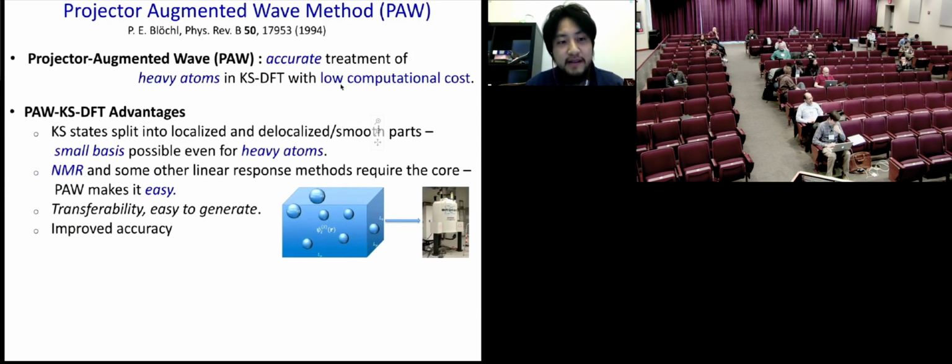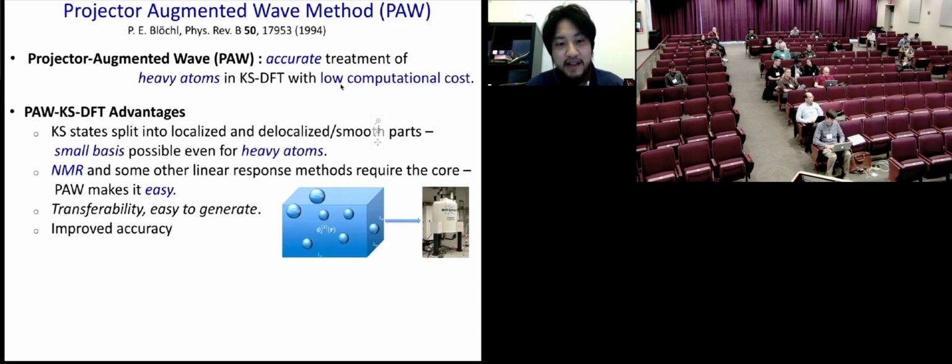What it does is it splits up the total Kohn-Sham states into a smooth, delocalized part and a localized part closer to each atom. This enables us to use a smaller basis set even for heavy atoms, like transition metals. Some other methods also use this idea, but PAW is quite good because it has very good transferability.